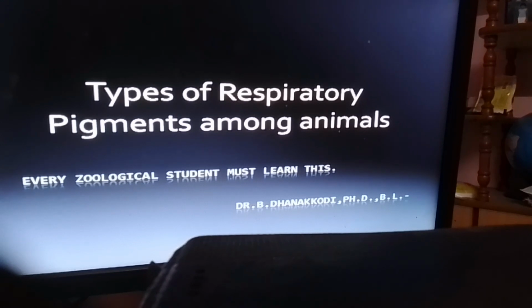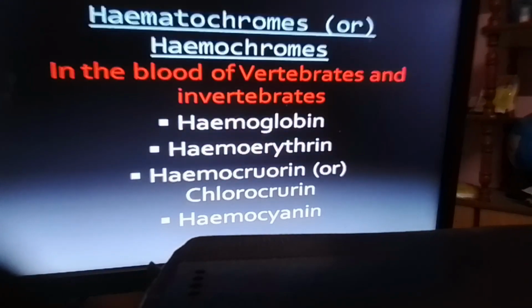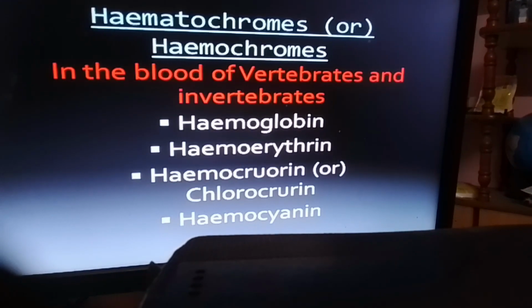And in the same way, in other animals also, even among the invertebrates, there are respiratory pigments. Accordingly, they may be called hematochromes or hemochromes. You can simply understand it as chrome meaning color, and heme meaning blood.